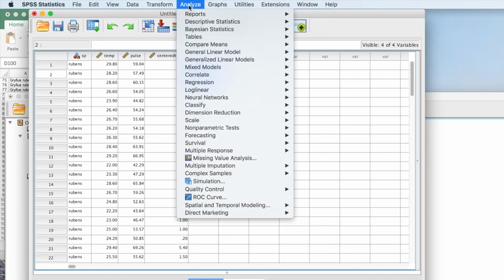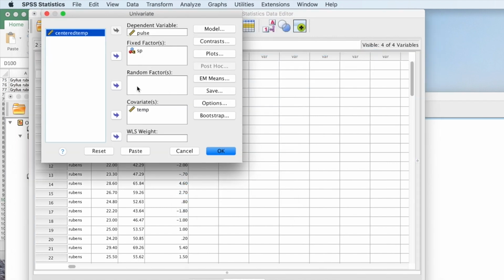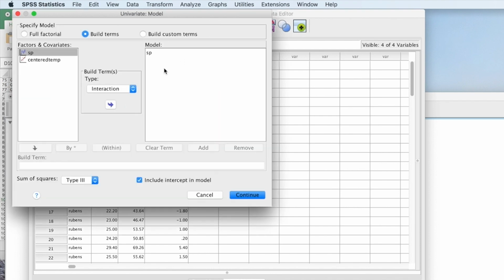So we'll go to Analyze, General Linear Models, Univariate, and instead of using temperature here, we'll use centered temperature. These two together, that's an interaction term. There we go.